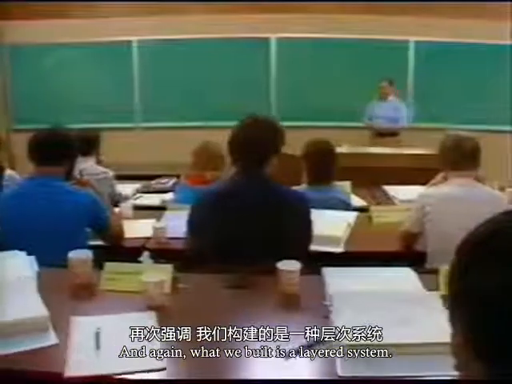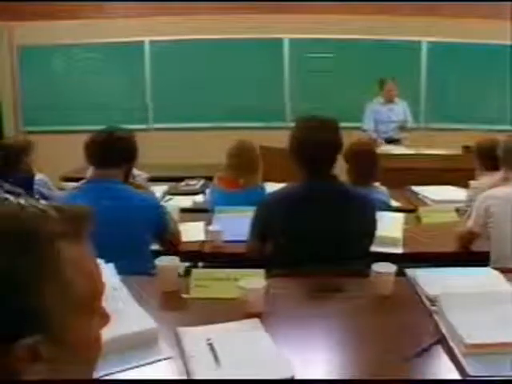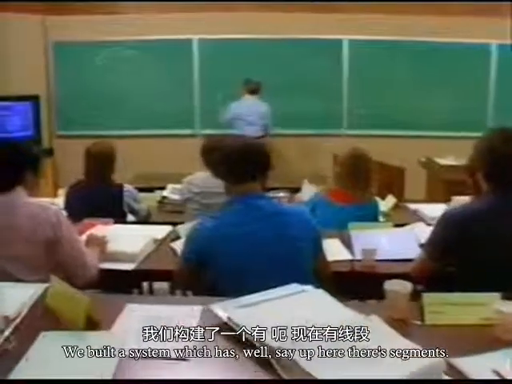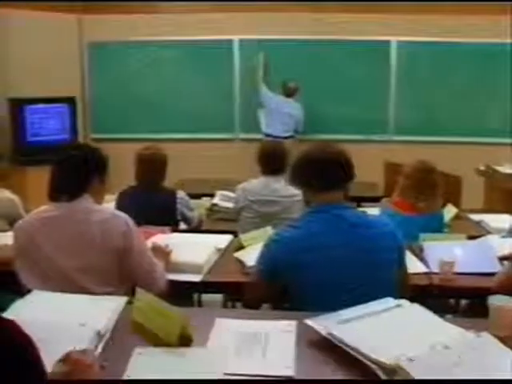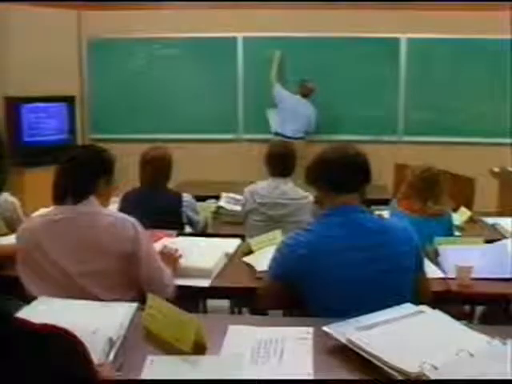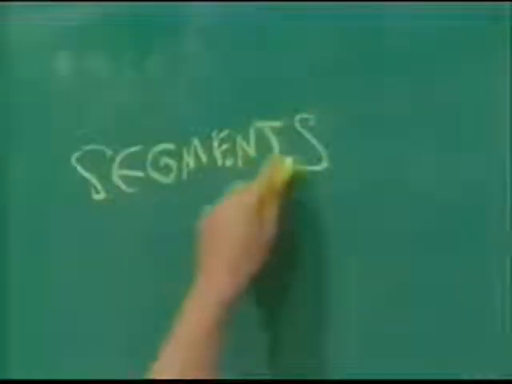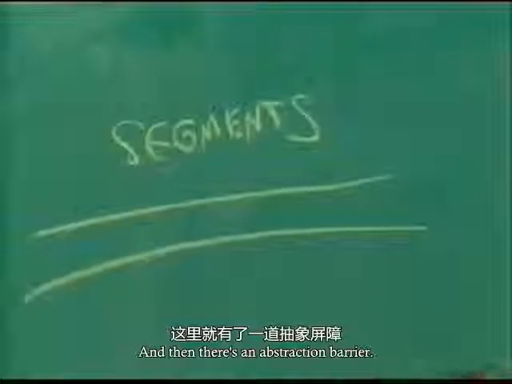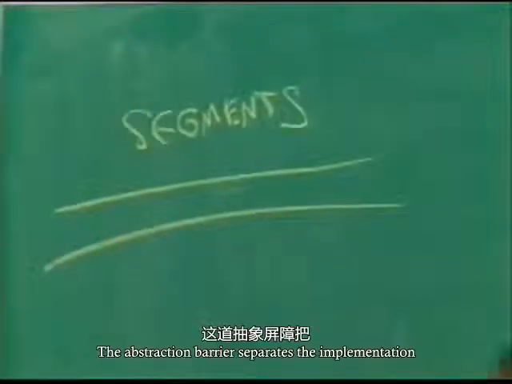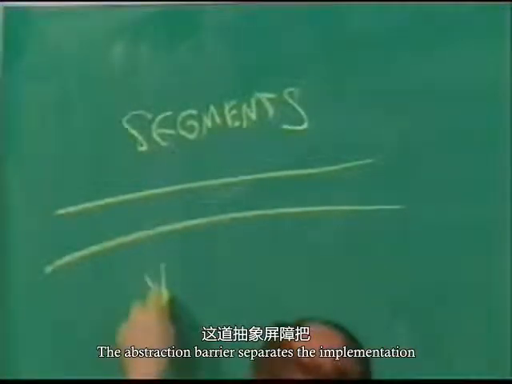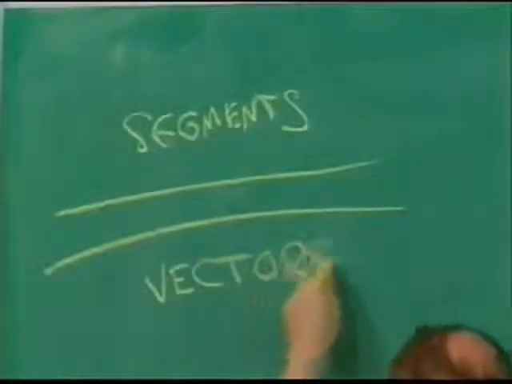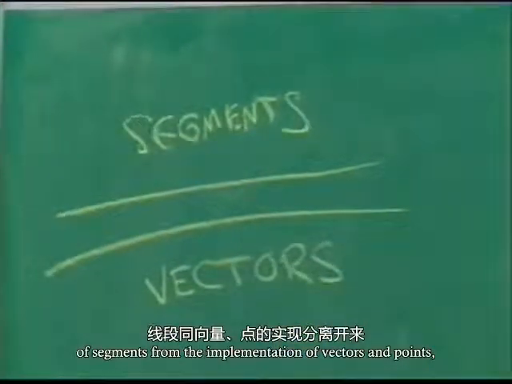And again, what we built is a layered system. Say up here there are segments. And then there's an abstraction barrier. The abstraction barrier separates the implementation of segments from the implementation of vectors and points.